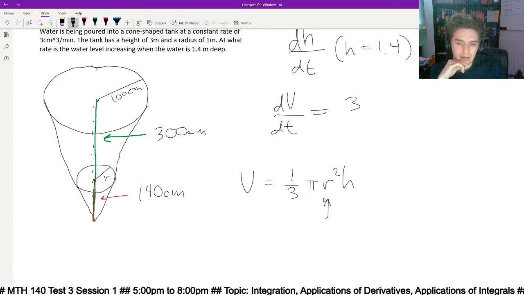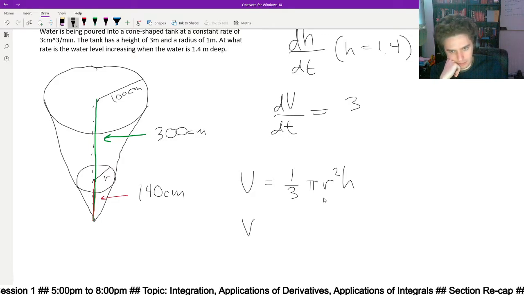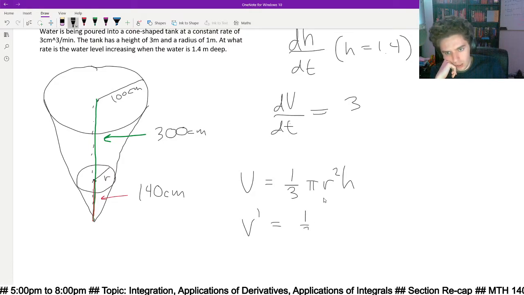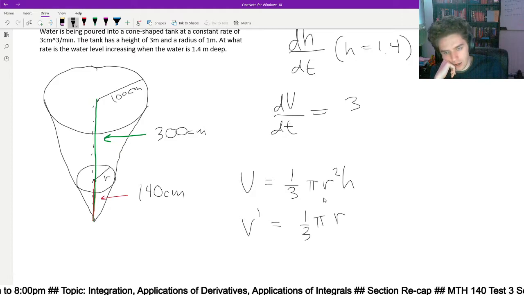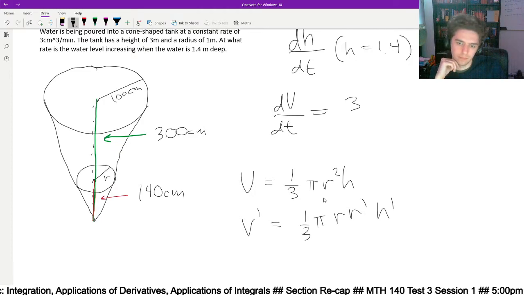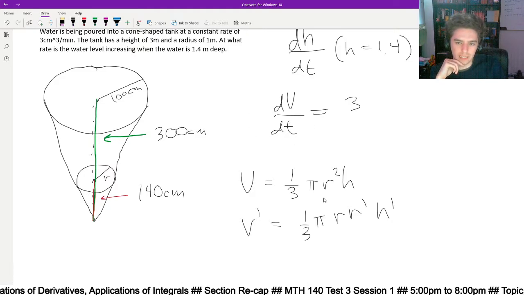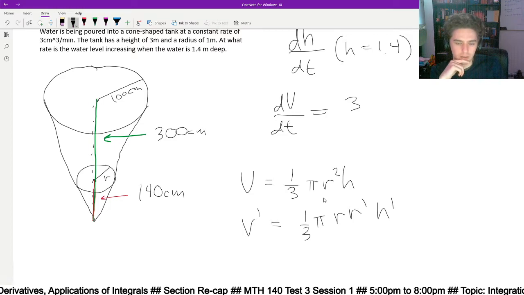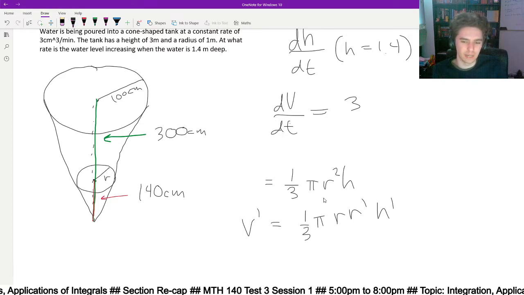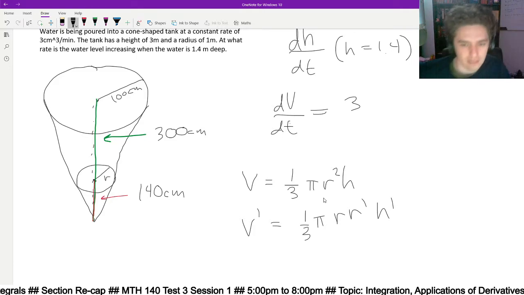So let's see what happens if I took the implicit derivative. I'd see V prime equals 1/3 pi r prime h prime, right? Notice I interchangeably use dV by dt and V prime. That might be a confusing thing that I do, but when I'm in the equation like this, I don't really want to write it out.